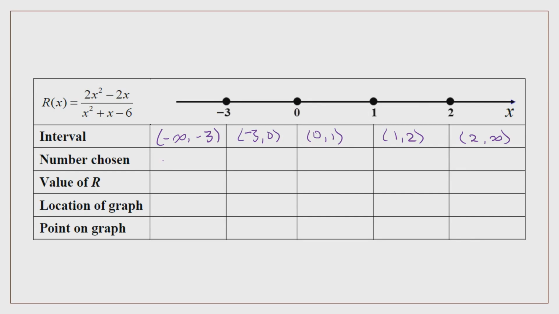We need to choose a value within each interval. So we can choose negative 4, negative 2, 0.5, 1.5, and 3. So now we want to evaluate r at each of these points.